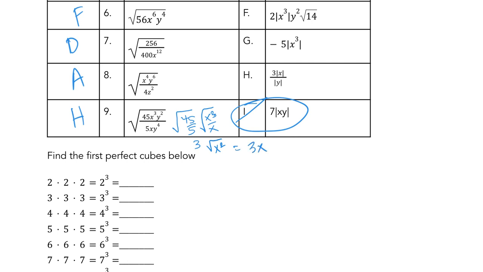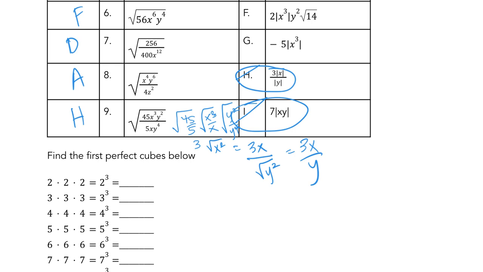And then if I look at the y terms, I've got y squared over y to the 4. Okay, well, I've got 2 y's on the top and 4 y's on the bottom. And so that really means that I have root y squared on the bottom. And so I'm going to end up with 3x over y. Again, I might not know exactly why there's absolute values around there, but I can deduce that my answer here would be H.